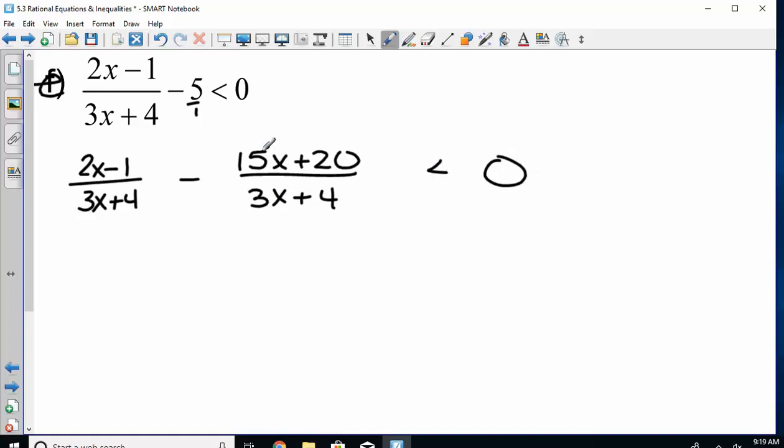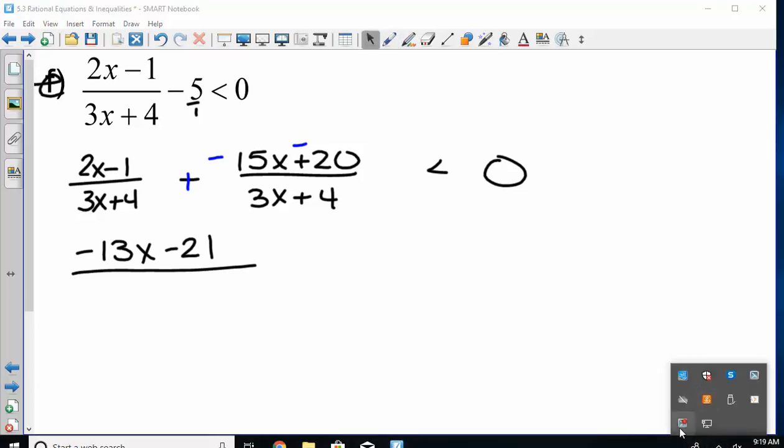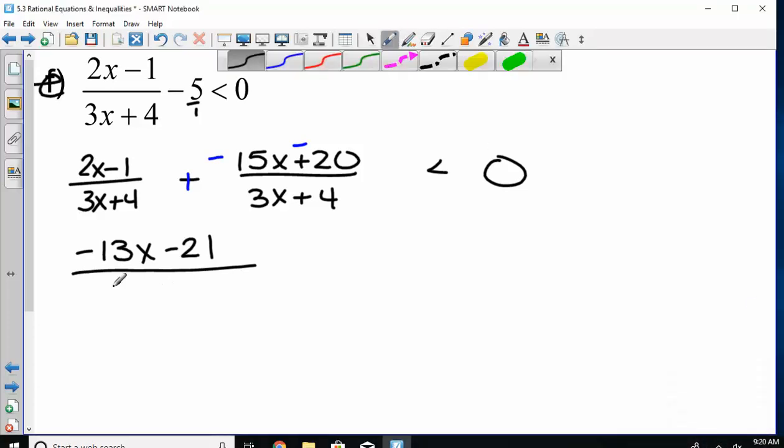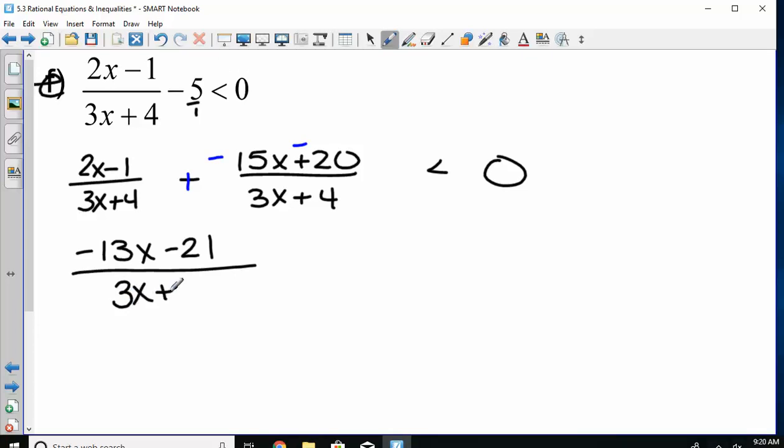Negative like terms. I'll distribute my negative to make that a little bit easier, and then combine our like terms. So 2x minus 15x is negative 13x. Negative 1 minus 20 is negative 21. So then that's over our 3x plus 4.